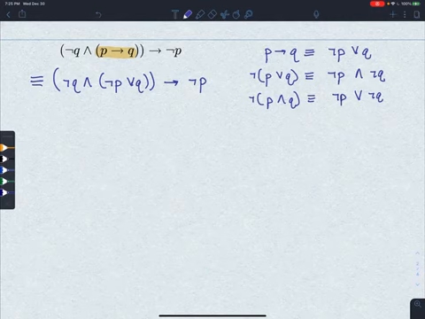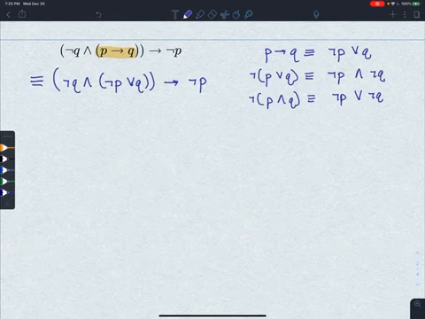Now, what we notice here is we have an and applied to an or, so we're going to use the distributive property. I did not write that on the right, so I'll just walk you through it here.